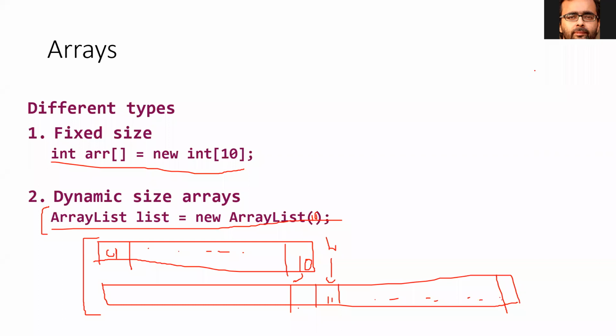It goes like that. We have some question: what is the max size it holds? I didn't get that question. What is the max size in the sense? I think he means what is the max size an ArrayList can handle?